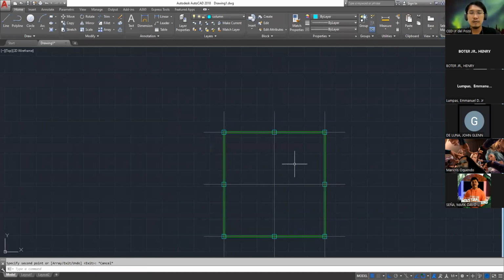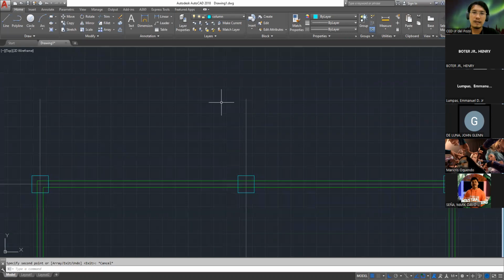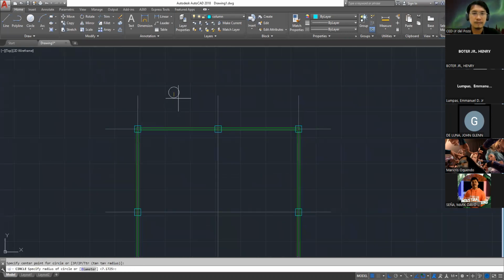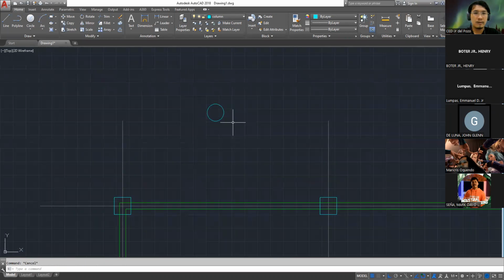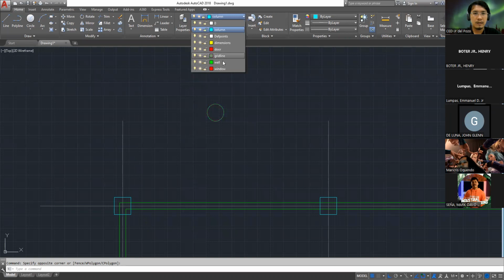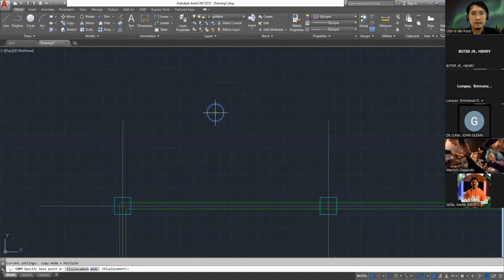So, tapos na tayo. Hindi pa tayo tapos sa grid line, kasi lalagyan pa natin siya ng indicator. So, let's say, we have here, couple. Lagay ko lang to sa grid line. Okay, grid line. And then, po-position ko siya sa gitna. And then, copy na lang.